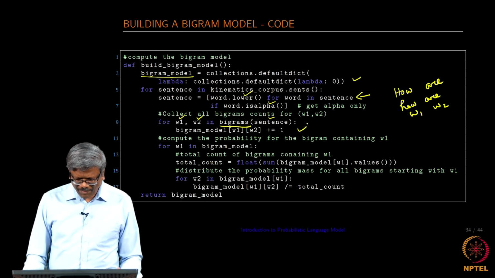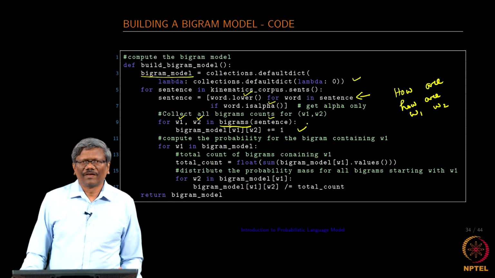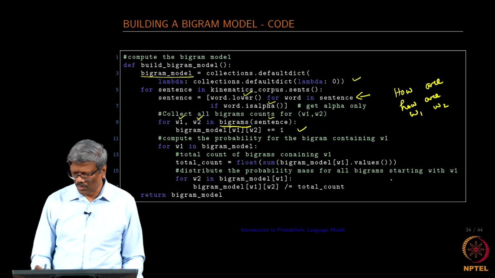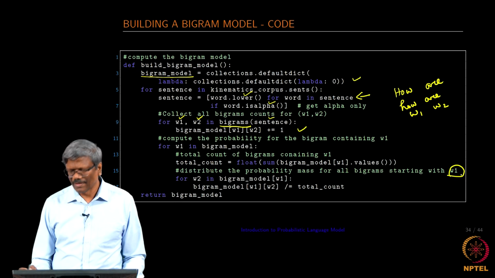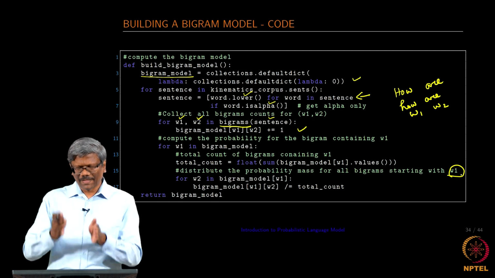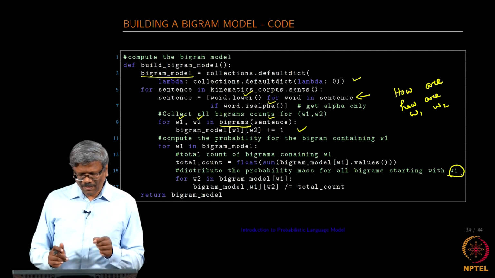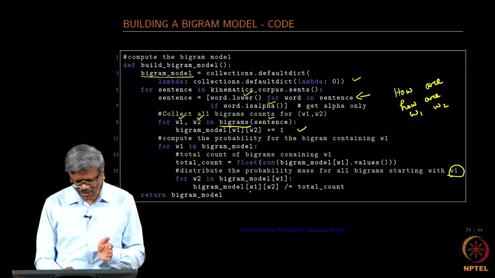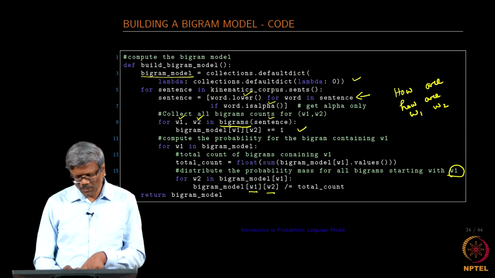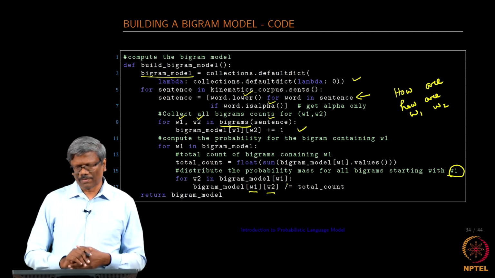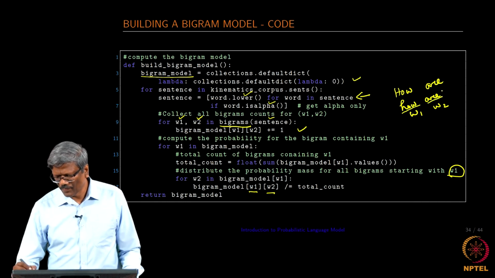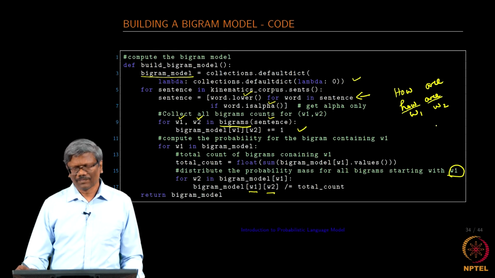Then we need to compute the probability of that. We need to distribute the probability mass over all the bigrams starting with W1. For all the words starting with W1, I capture all the bigrams, and for every combination of a word starting with how and W2, I find out how many times W1 has happened and then compute the probability. For example, if you look at how, there could be several words that can occur after how.